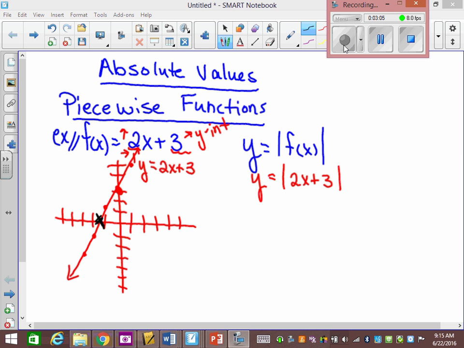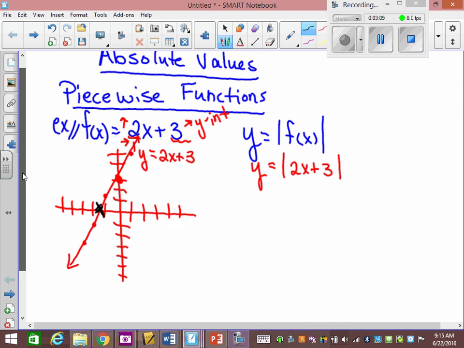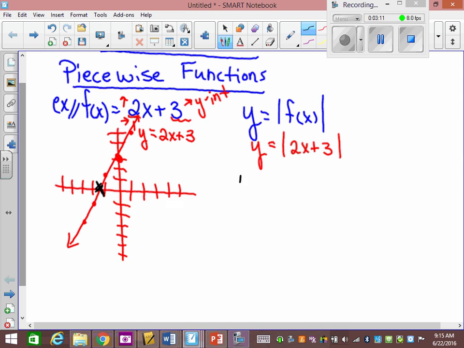So you always have to find the x-intercept of the original graph, always. If it's a quadratic, you'll get 2 x-intercepts, maybe 1 or none. If it's linear, you'll only get 1 x-intercept.